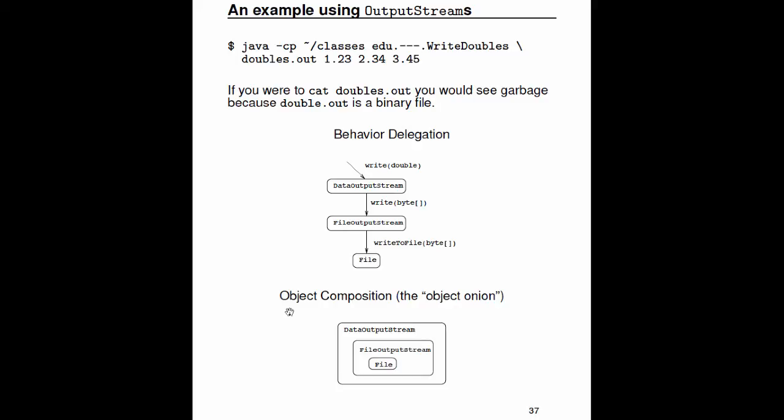Another way to look at this is as object composition, or the object onion. In the middle of the onion, you've got a file, and wrapped around that you have a file output stream, and wrapped around that you have a data output stream. And so by separating out these responsibilities, you really have a very flexible toolbox of parts that you can then combine together to solve your problem, as opposed to having one big monolithic solution that needs to accommodate all sorts of different permutations and combinations.